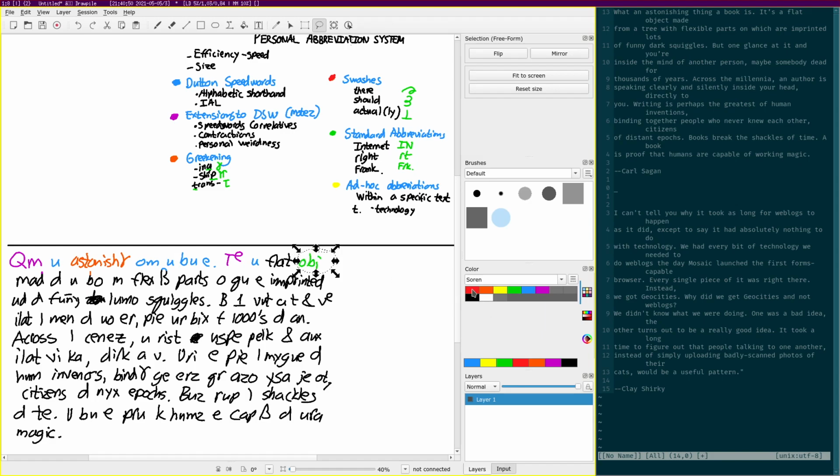Flat, I'm going to leave black because that's just a standard English word that I didn't abbreviate at all here. Mod de ubol, meaning made of a tree with. Standard Speedwords. Flexible, Greekened. O qua a, on which is, imprinted, standard English.